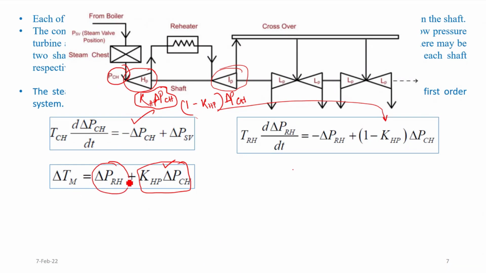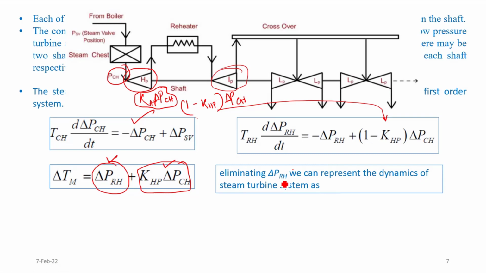Therefore, I can add these two terms: delta T_m equals delta P_RH plus K_HP delta P_CH. Now, eliminating delta P_RH, we can represent the dynamics of the steam turbine system.